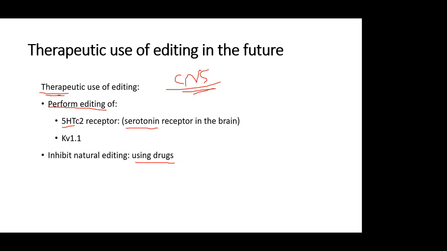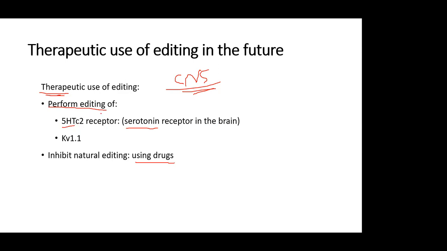So 5-hydroxytryptamine is actually another name for serotonin. Serotonin is a neurotransmitter that's available in the brain, and also in different parts of the body. But now they're talking about the serotonin receptor that's in the brain. The specific category is called C2. So, the 5-hydroxytryptamine C2 receptor in the brain.